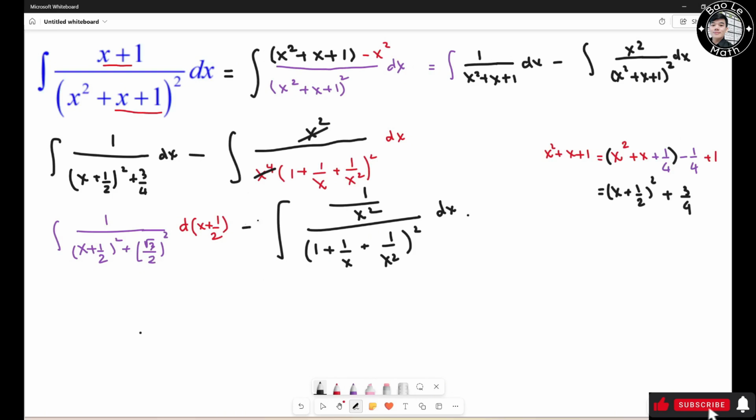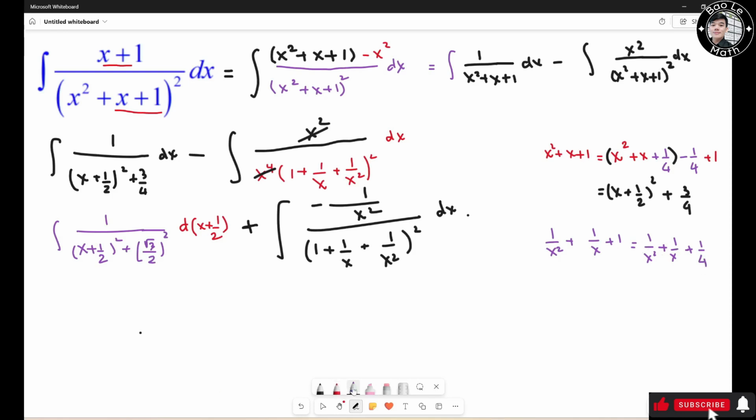Now the negative sign, I can bring inside and turn it into positive. Now the bottom I can turn into a complete square: 1 over s squared plus 1 over s plus 1 equals 1 over s squared plus 1 over s plus 1 over 4 minus 1 over 4 plus 1.